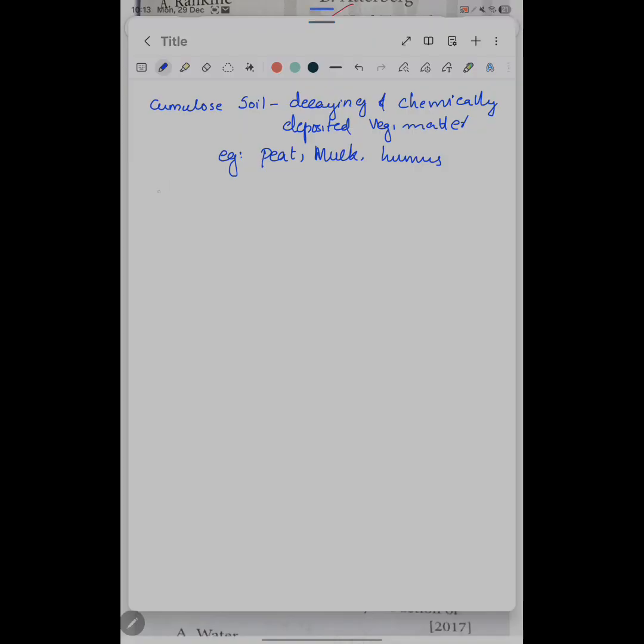What is peat? We can say peat is fully decomposed organic matter. Muck is organic matter plus inorganic matter.